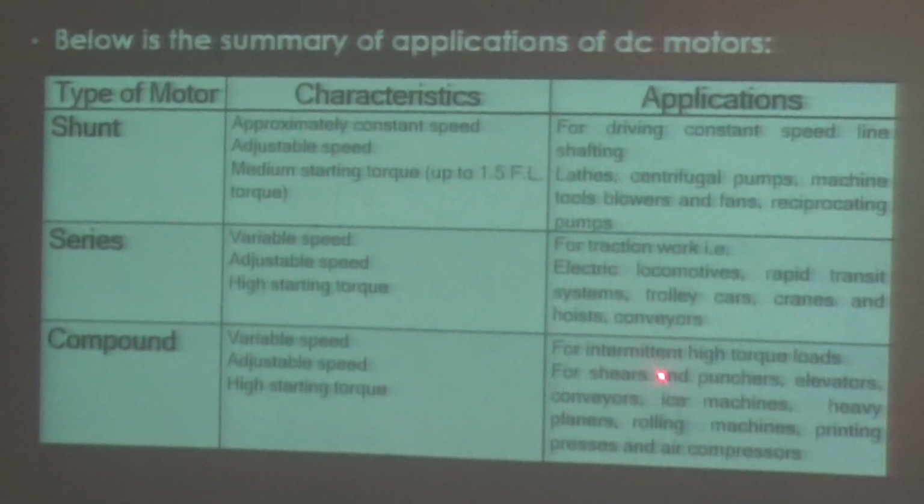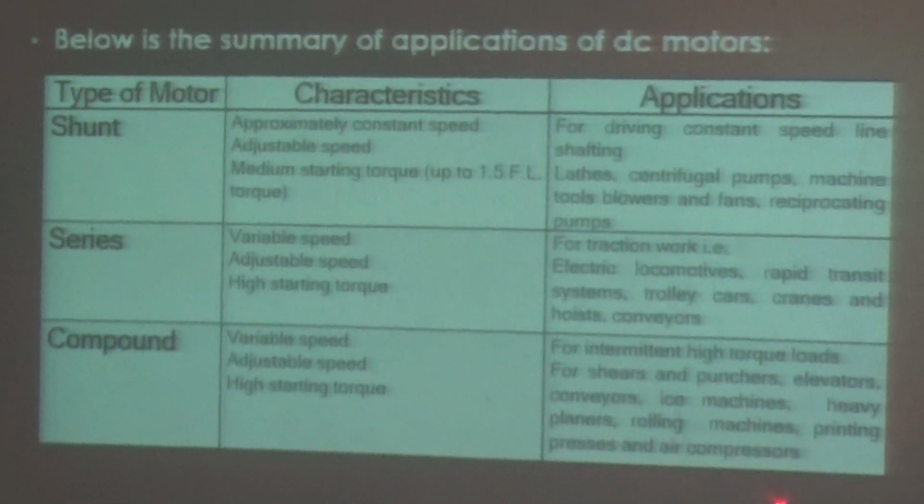So applications for intermittent high torque loads. Depende sa kailangan yung loads kung short shunt ba siya or magiging long shunt. For shears and punchers, elevators, conveyors, ice machines, heavy planers, rolling machines, printing press, and air compressors.